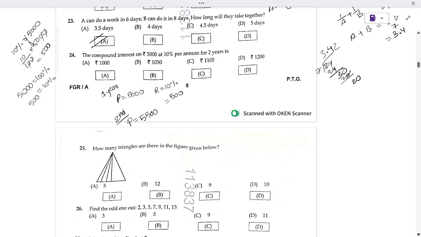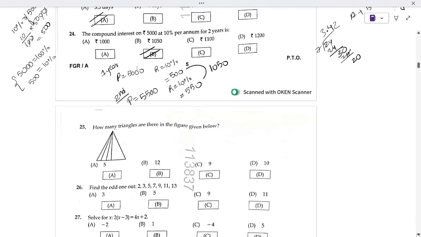Right, so here the rate will be the same, 10%. 5,500 is 100%, and 10% will be 550. So the interest for the first year is 500, second year 550, that means 1050. B is the answer.